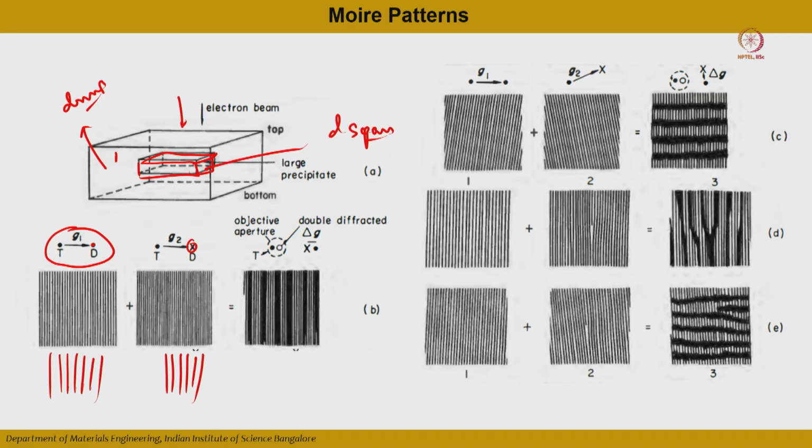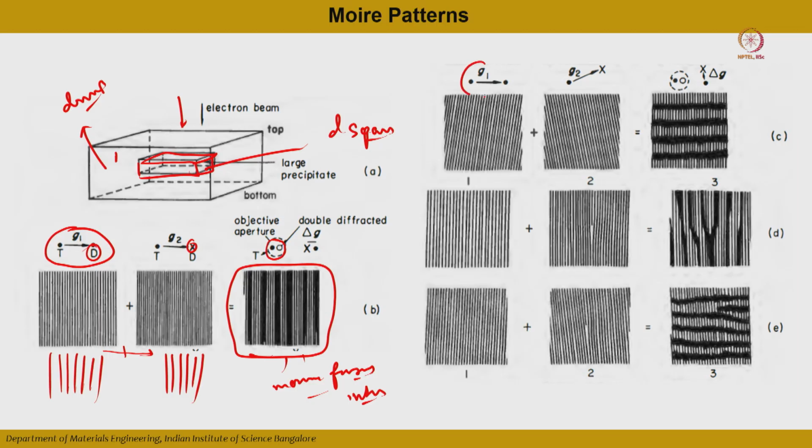Similarly, if you put the objective aperture on both spots, the D which is the matrix and the X which is the precipitate, then you will get the overall intensity summing of these two sets of planes. So, you will get this type of pattern, and these are nothing but your Moire fringes, and actually you can deconvolute these intensities to resolve the actual d spacing of that precipitate and the matrix.